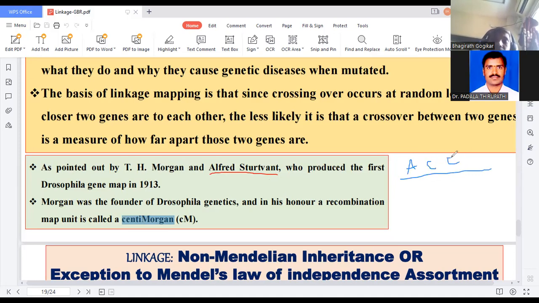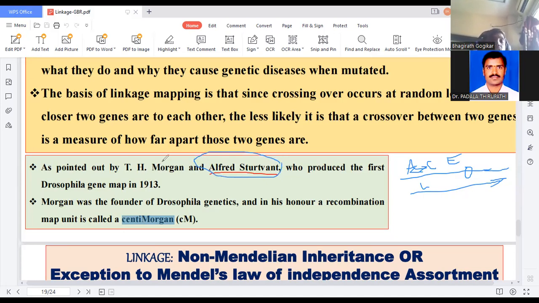After C, which gene is present? Where is the centromere? To know the order of genes, the distance between genes, and the linkage strength, we design chromosomal maps.